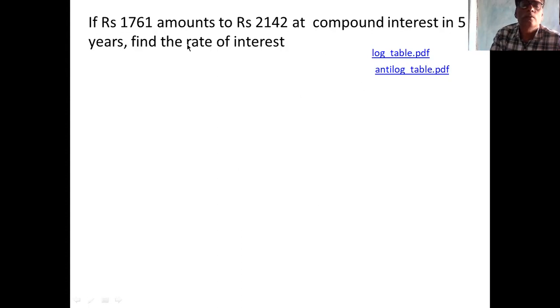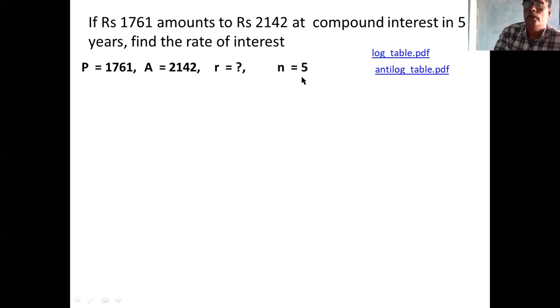So you take the given factors. P is 1761. Principal is 1761. Amount is 2,142. Rate is not given in the problem. Then N is equal to 5 years.